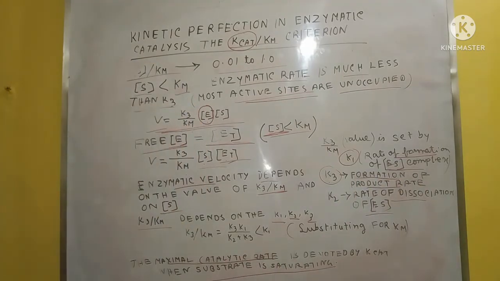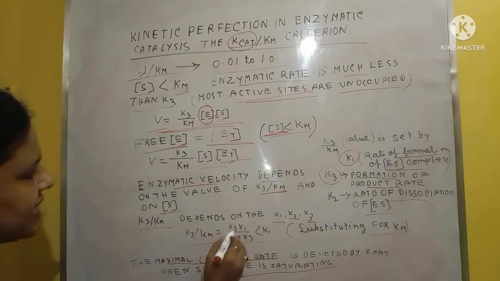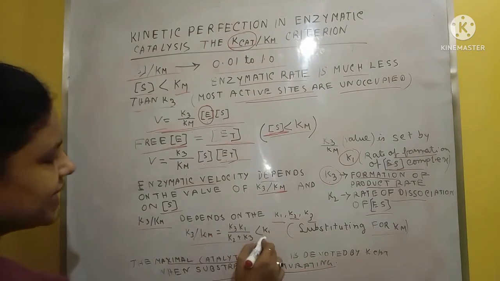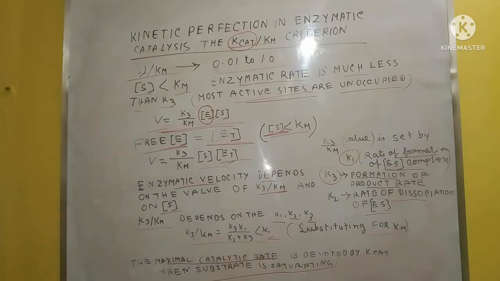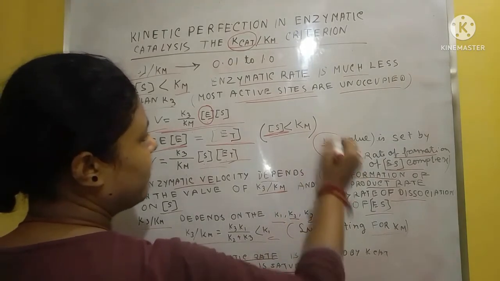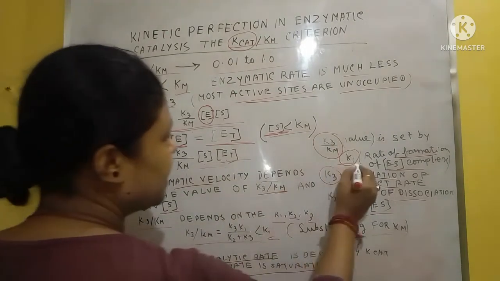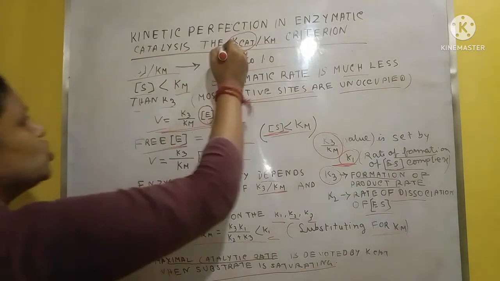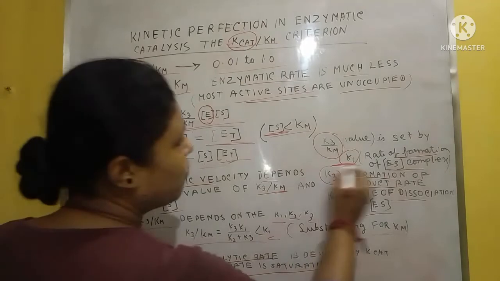After substituting for Km, we get the equation K3 K1 by K2 plus K3, which is always less than K1. Actually K1 is very important, because the K3 by Km value is set by K1, the rate of formation of the ES complex. So the maximal catalytic rate, the Kcat, depends on K1. Clear?